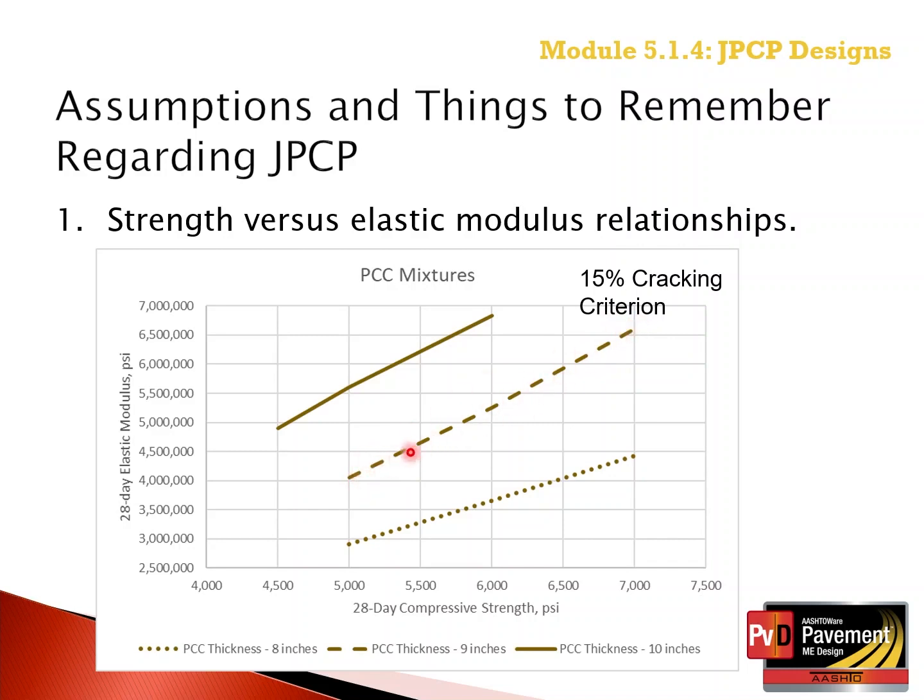In other words, the only thing that we're changing within each of these relationships is the 28-day compressive strength versus 28-day elastic modulus to result in 15% cracked slabs at the end of the 20-year design period. The short dashed line is for an 8-inch thick jointed plain concrete pavement slab.